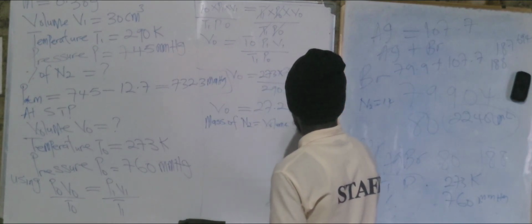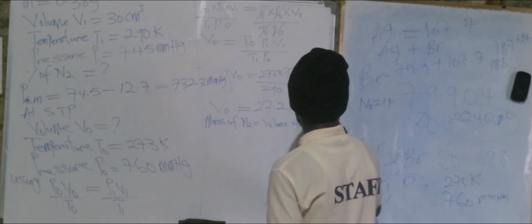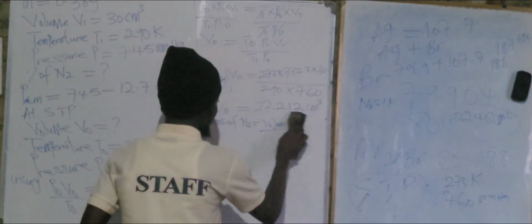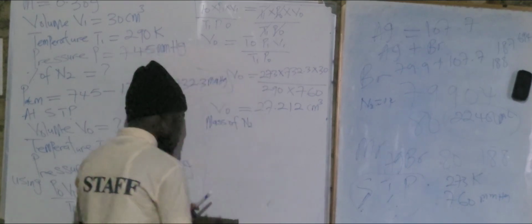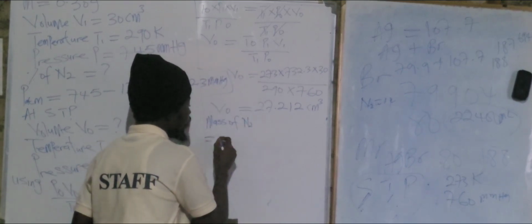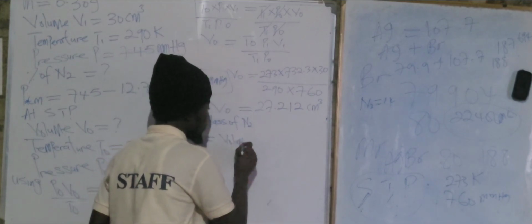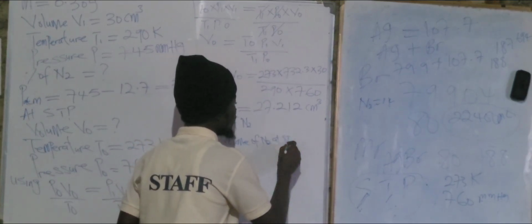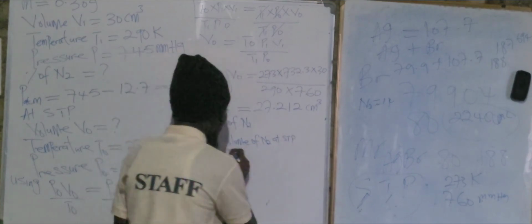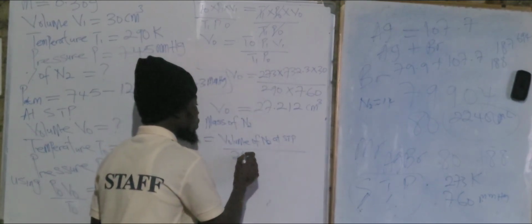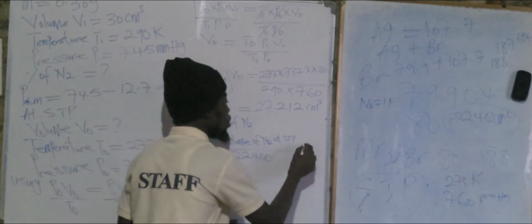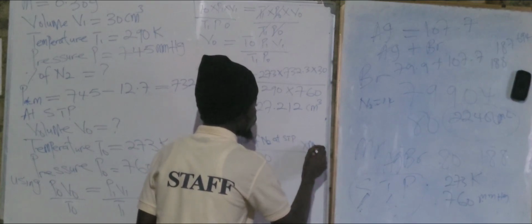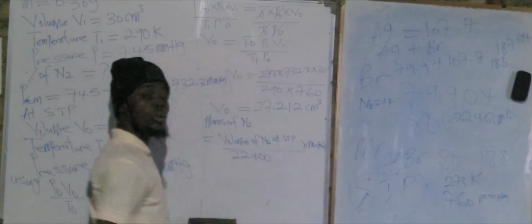Mass of nitrogen is equal to the volume of nitrogen at STP, divided by this constant, which is 22400, multiplied by 28, or let me say the molar mass of N2. Are we clear?